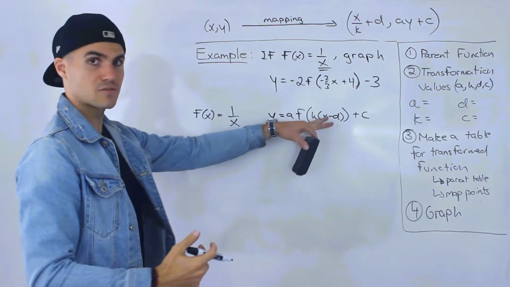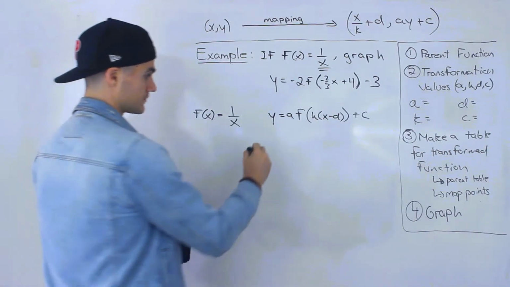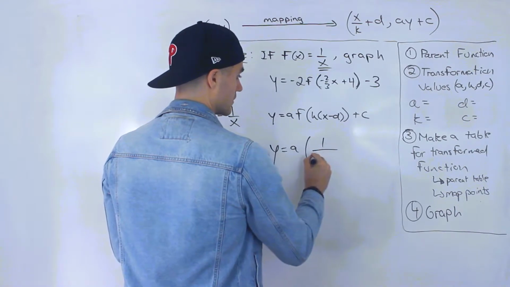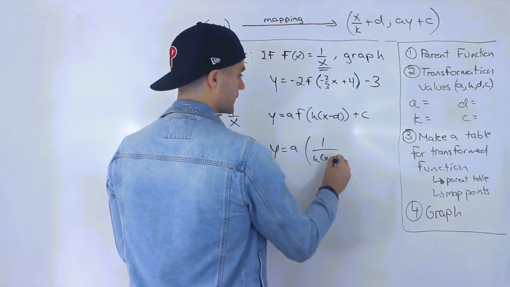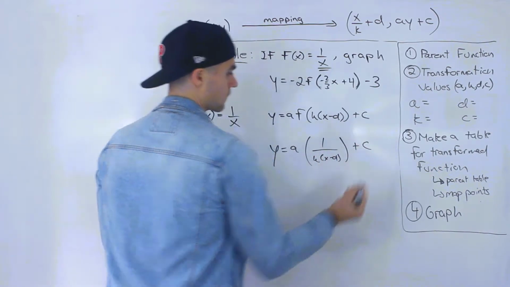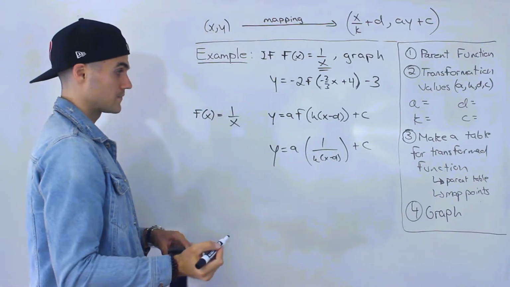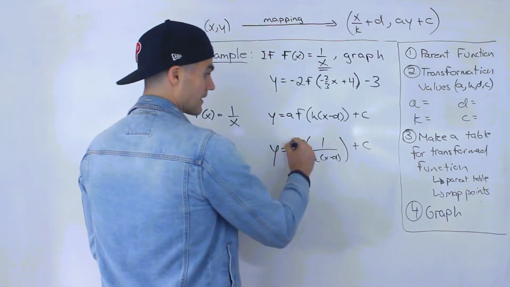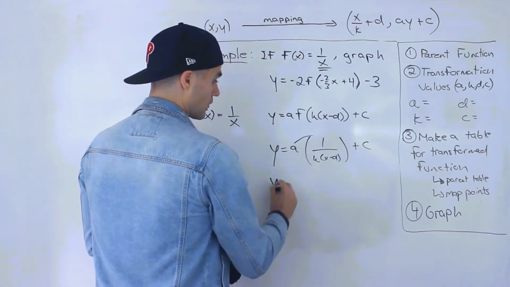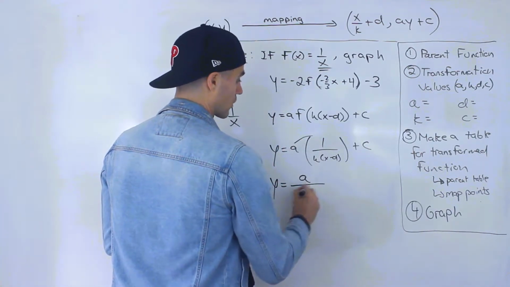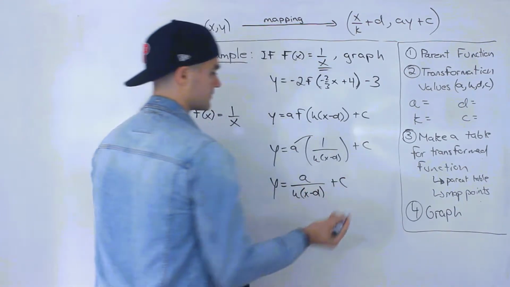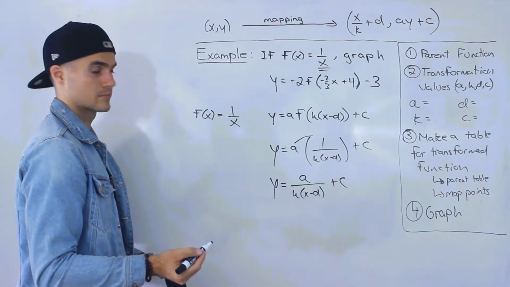So if we apply this format to this parent function, basically it's going to look either like this, right? So that's one way, where that a is on the outside and then you have a 1 here. But the a could also be distributed. So another way it could look is a over k bracket x minus d plus c, like that, right?